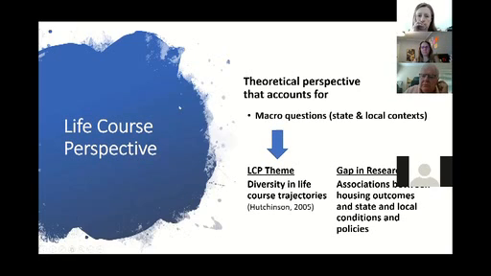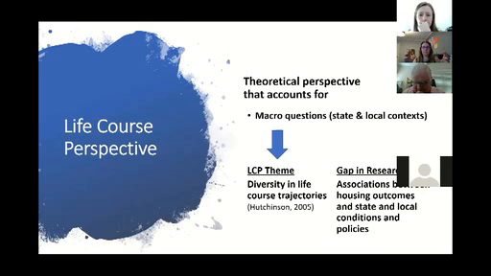And next, I want to ask those macro questions about state and local contexts. So how are housing outcomes associated with local conditions? You know, things like employment rates. The data spans the Great Recession here in the US.